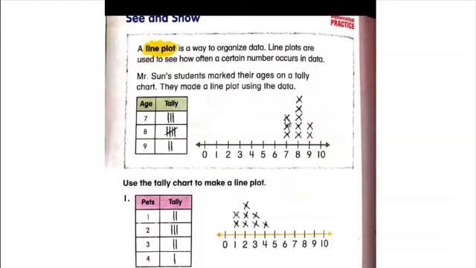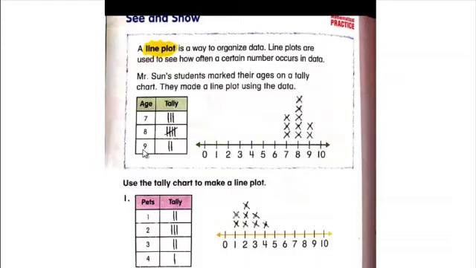Okay, at age 8 there are 1, 2, 3, 4, 5 tally marks. So represent these tally marks as plots here on this line. 1, 2, 3, 4, 5. Okay.